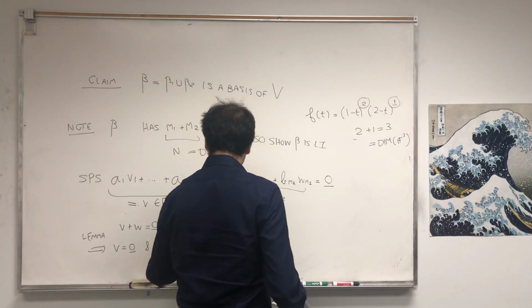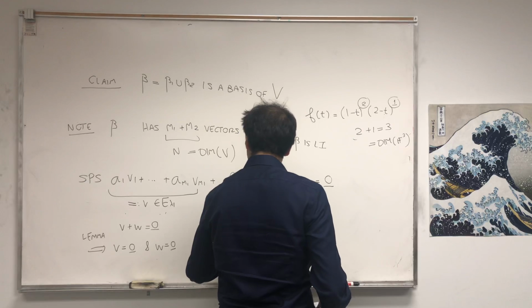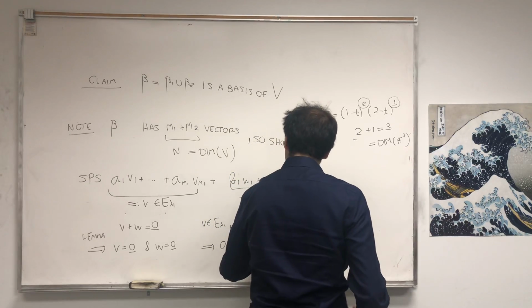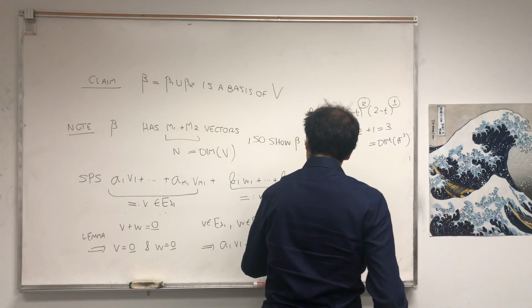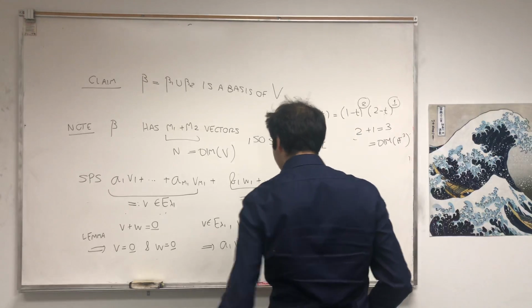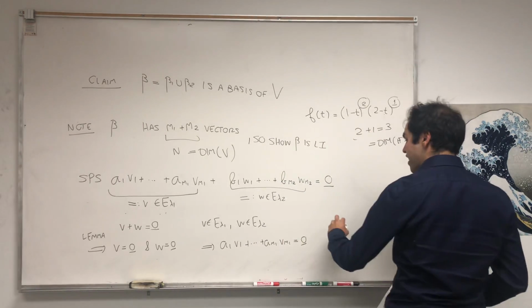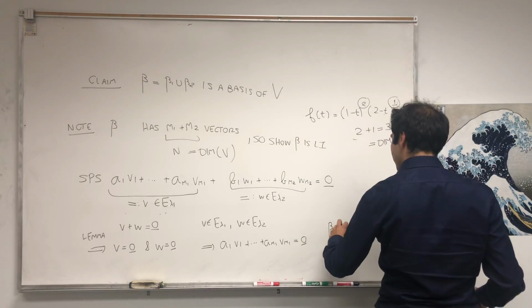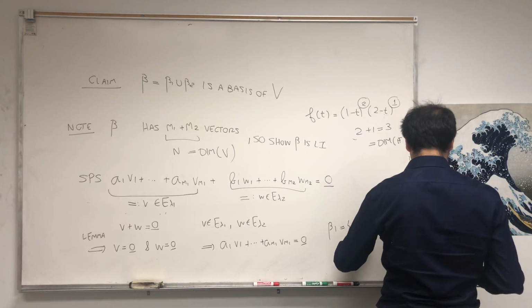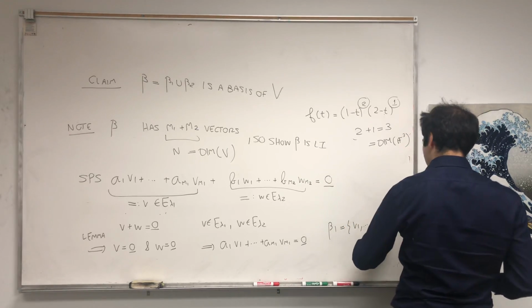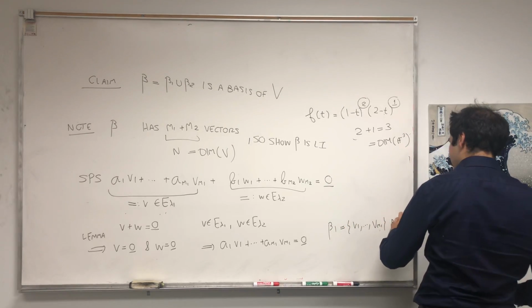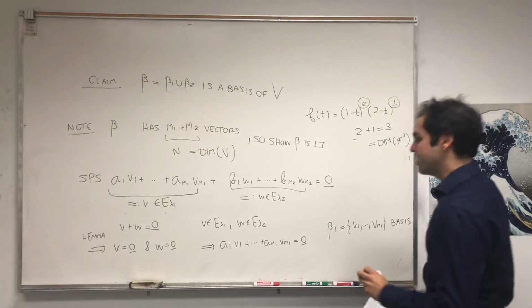What is that saying? It says that a1 v1 plus dot dot dot plus am1 vm1 is 0. But remember that beta 1, v1 up to vm1, is a basis. So in particular, it's linearly independent.